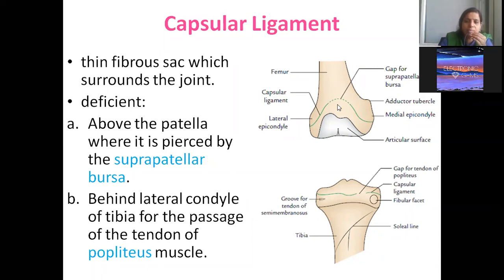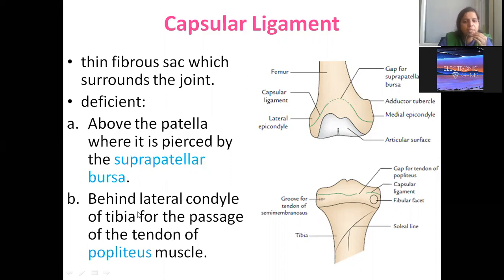That is for the bursa. Because its location is above the patella, you call it the suprapatellar bursa. So the fibrous capsule surrounding the lower end of the condyles is deficient in the midline because it has the suprapatellar bursa.